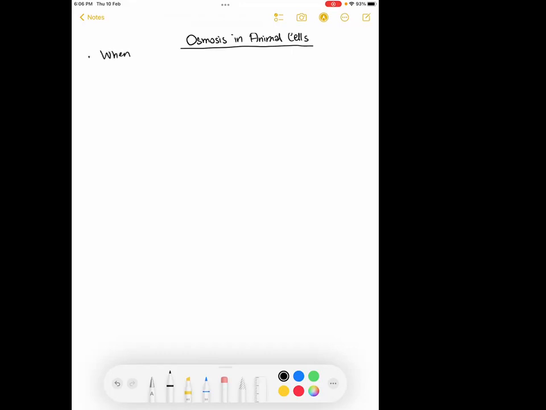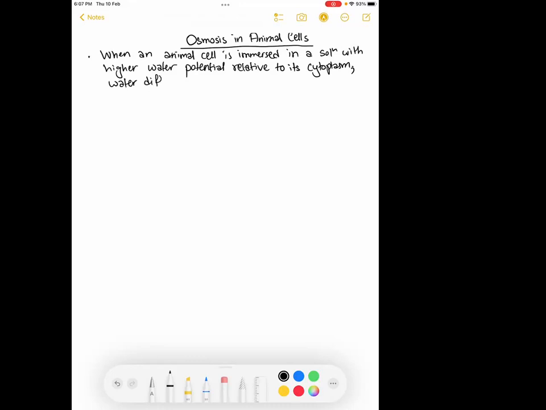So when relative to its cytoplasm, water diffuses into the cell by osmosis. Now, animal cells do not have a cell wall, of course.